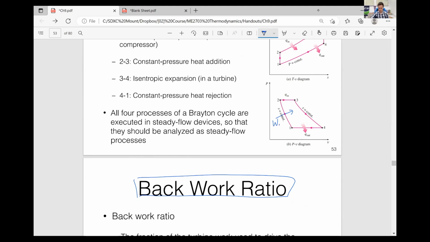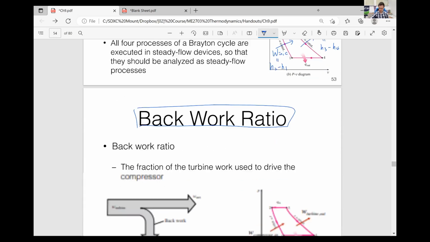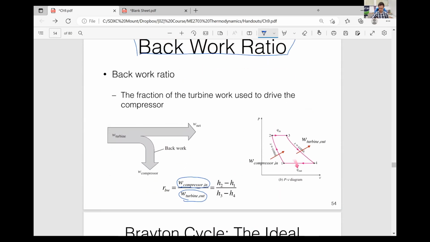And 3 to 4 is the work output from the turbine, which is H3 minus H4. So the back work ratio is H2 minus H1 over H3 minus H4.